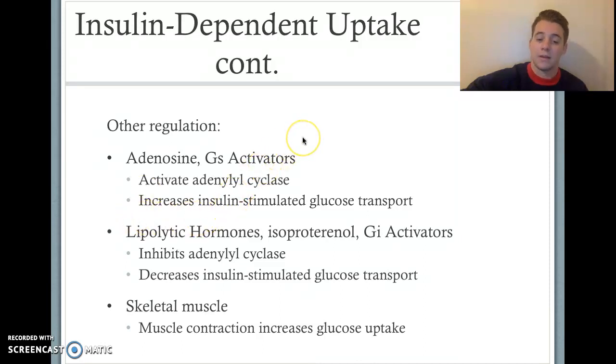On the other hand, lipolytic hormones, isoproterenol, or Gi, another GTP protein, activators inhibit adenylyl cyclase and will decrease glucose transport into insulin-dependent tissues, like skeletal muscle.